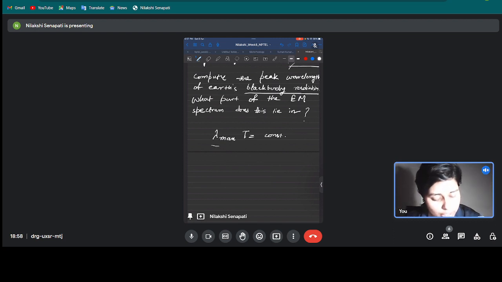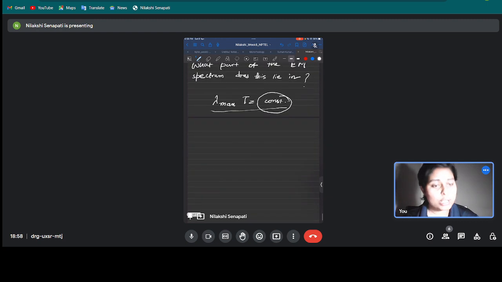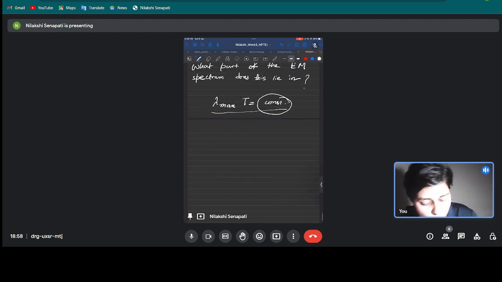But how will I remove this constant? Either you need to know the value of the constant, which is well given in the books, but if you don't remember what the constant is, then you must have this idea.